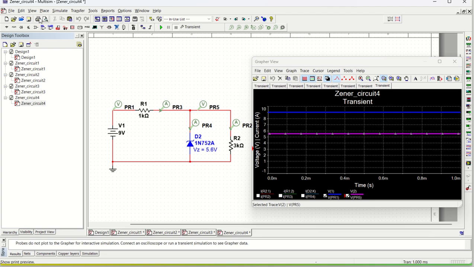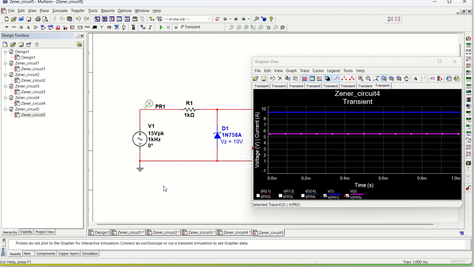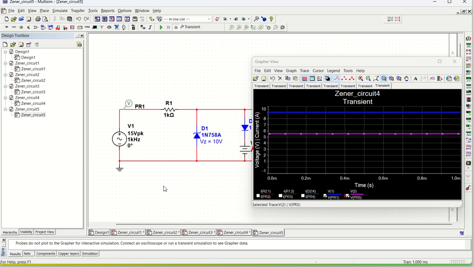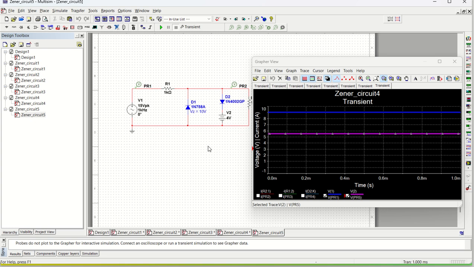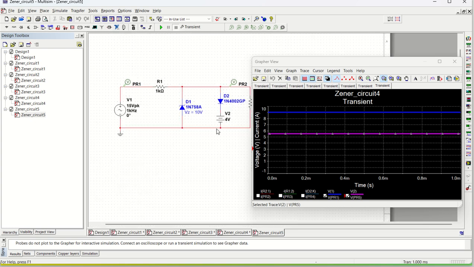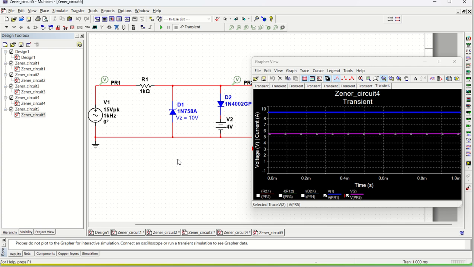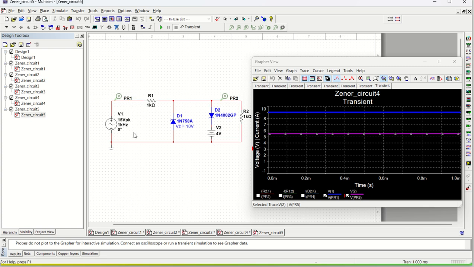Let me just open the last circuit so that you can have a proper understanding of the complete Zener circuit. Here we have 10 volt. Now what is going to happen? Whenever the voltage is more than 10, this will clip.